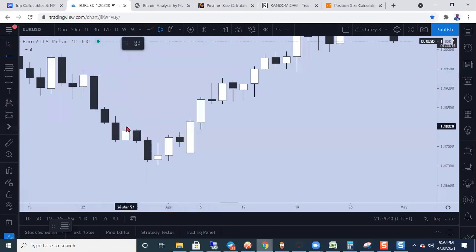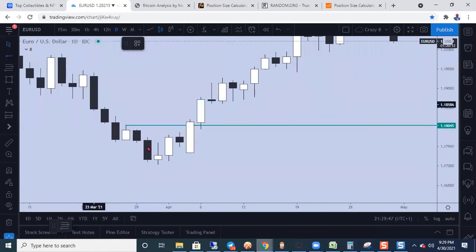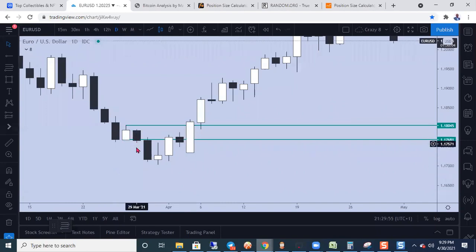Traditionally, when price returns back into the bullish candle, we will be anticipating sells. So when price came back here, we would have been looking for reasons to sell. So this was the breakdown sell. However, price didn't sell. Price broke up to the upside.